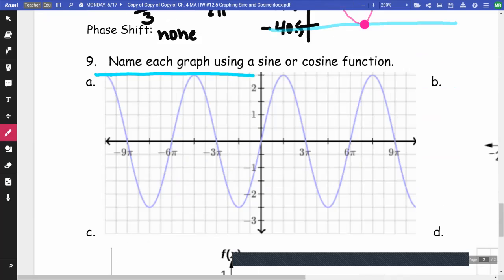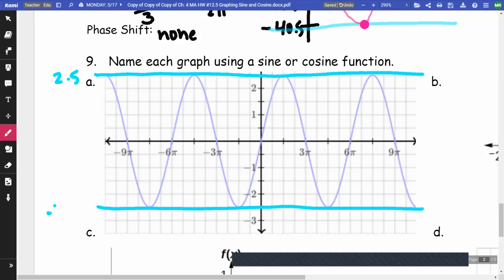My high here looks like it's at 2.5. My low is at negative 2.5, which means halfway between those is going to be my vertical shift, which is at 0.